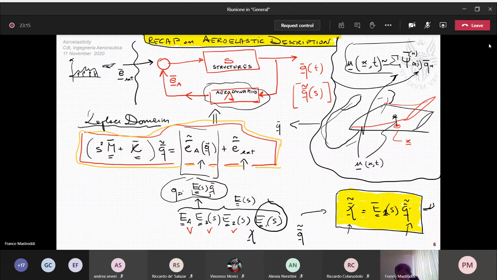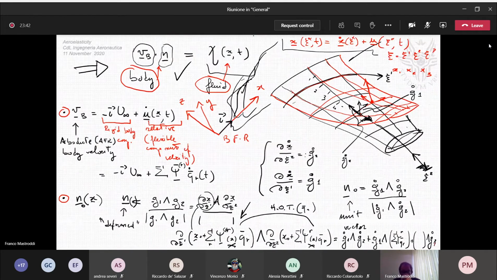These two vectors, the state space model vector and the downwash or normal wash vector, both depend on the Laplace variable, since they represent the Laplace transform of the related time domain quantities.